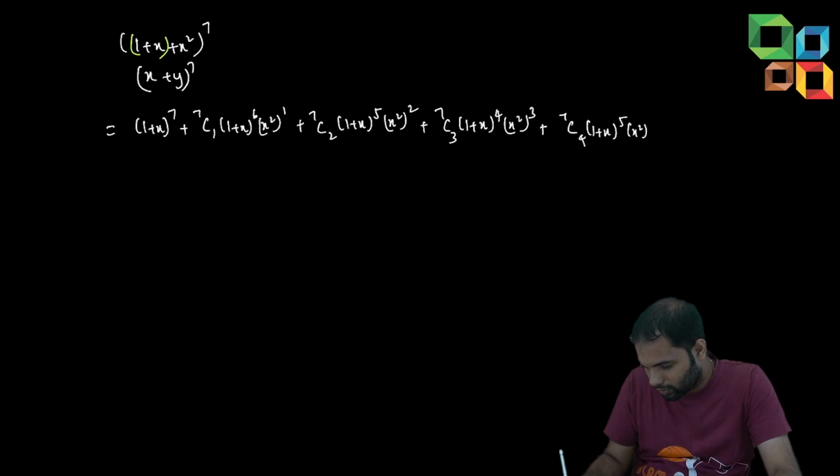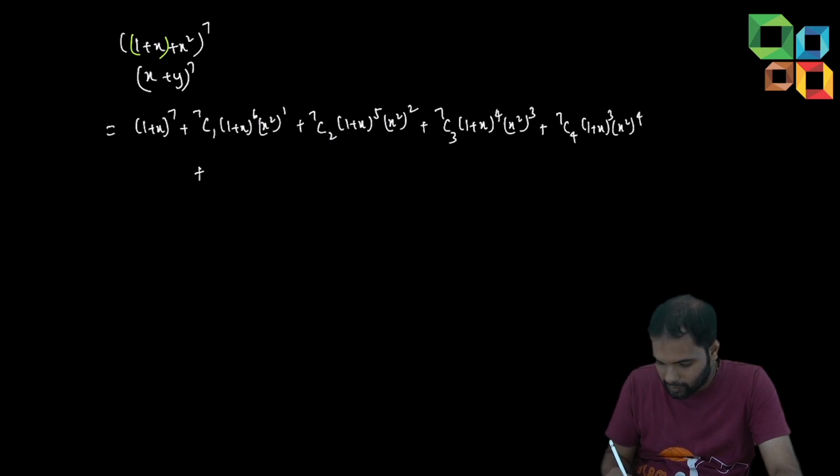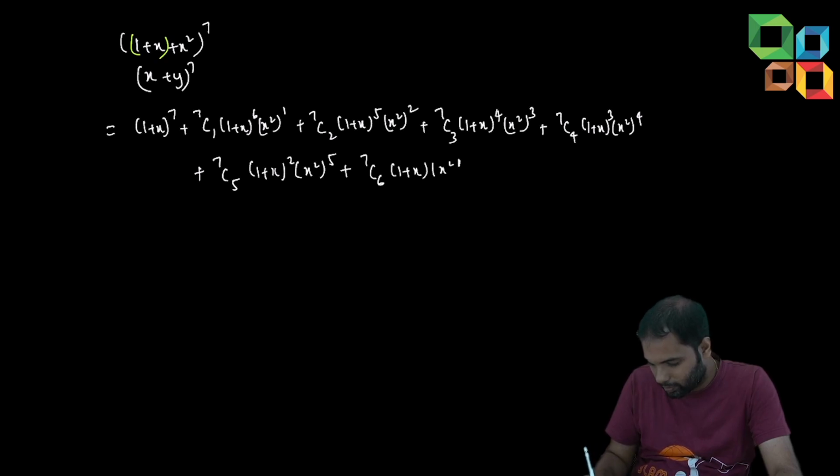x square, (1 plus x) whole square, (x square) whole power, plus 7c4, (1 plus x) whole cube, (x square) whole power 4. 7c5, (1 plus x) whole square, (x square) whole power 5, plus 7c6, (1 plus x) into (x square) whole power 6.